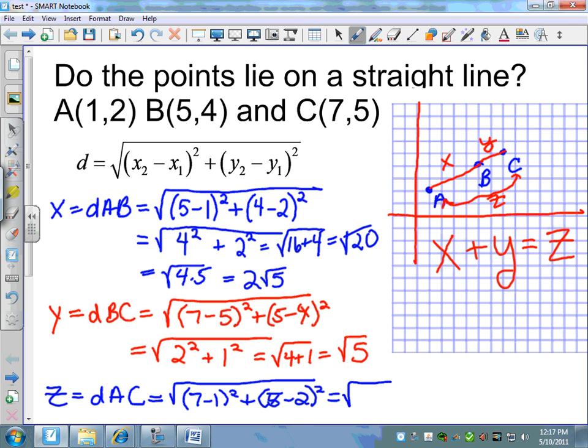Take the square root, do the parentheses first. We're going to get 6 squared plus 5 minus 2 is 3 squared. 6 squared gives us 36 plus 9, the square root of 45.